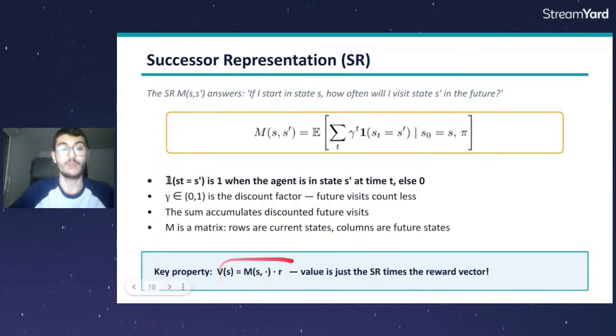So the value of S is going to be equal to the successor representation of S with respect to all S primes, to all other states, multiplied by the reward of these states. So it's just a dot product.